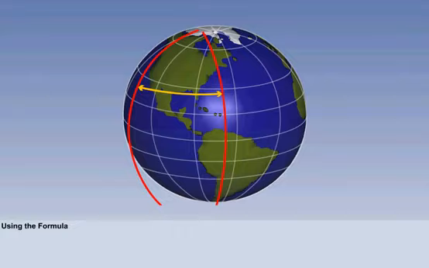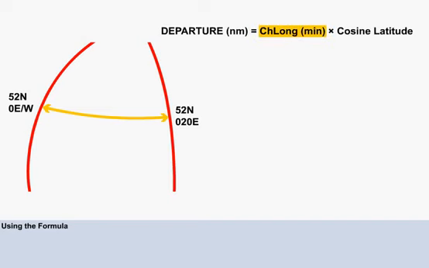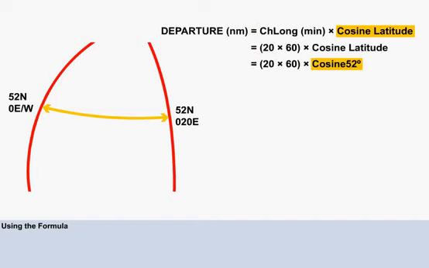We can extract the basic elements of this situation in the sketch. In this example, the change of longitude is 20 degrees. Multiply by 60 to convert it into minutes, then multiply by the cosine of 52 degrees. This gives a departure of 738.8 nautical miles.